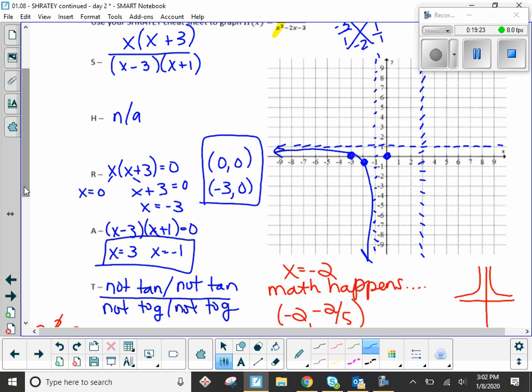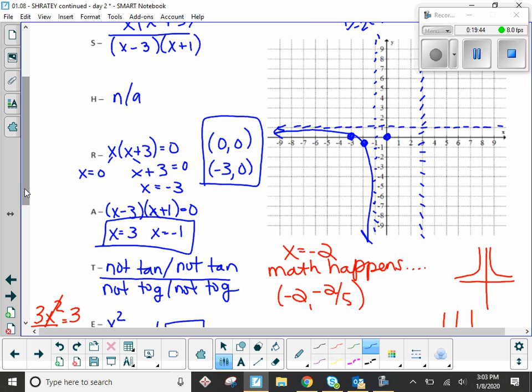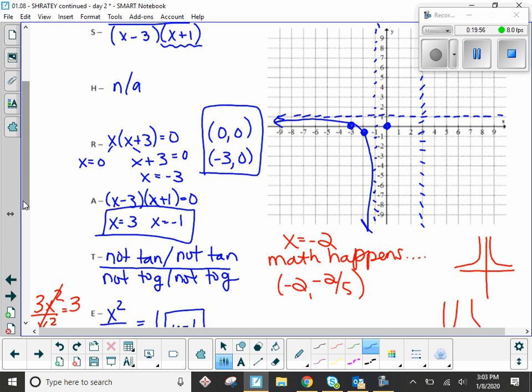Yes. Which letter of SHRATEY is going to tell me what the graph is going to do right on the other side of the asymptote? T. That's right. So look at these things that we took the time to do on T. We said that this asymptote right here, x equals -1, comes from this factor, x plus 1. Well, what did we say about that factor down here?